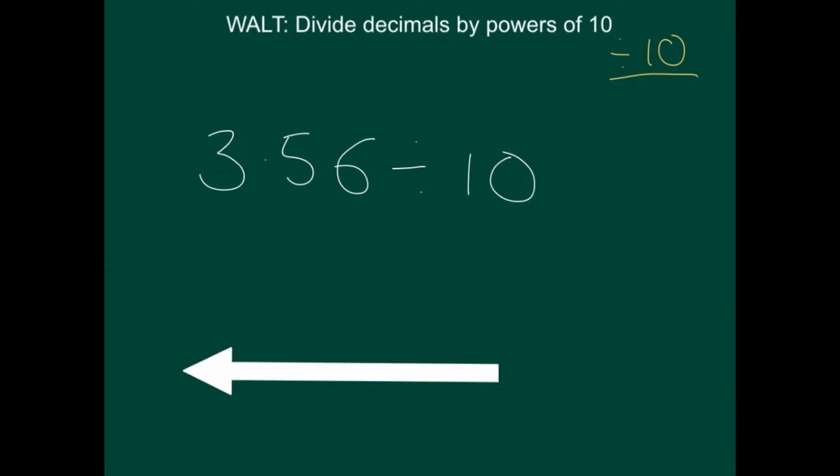Because the number 10 has just one 0 in it, we're going to move this decimal just one space to the left. So it's actually going to go here. So our answer will equal 0.356. And if you notice, I put the 0 first. That's our placeholder here, and placeholders will always be 0.